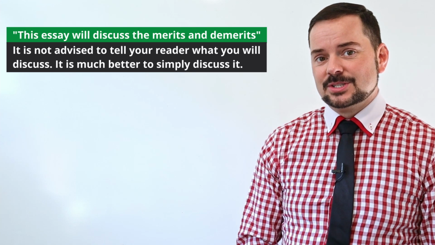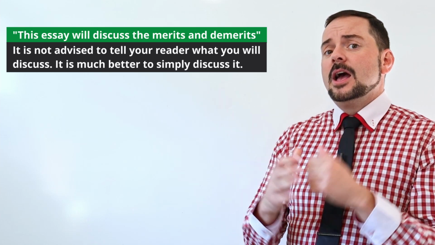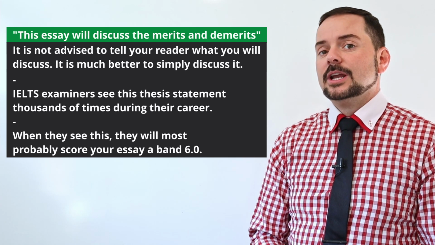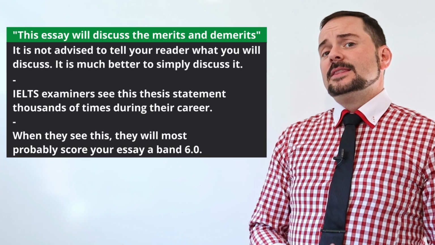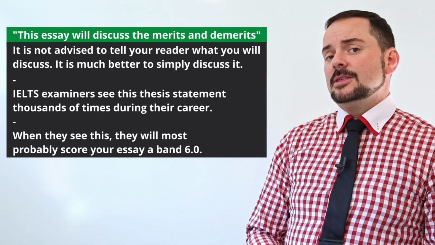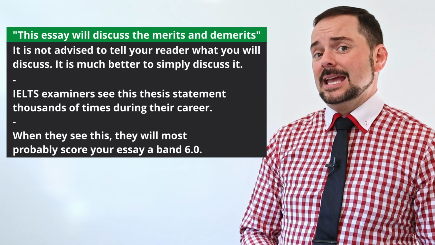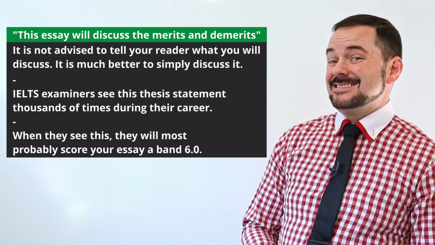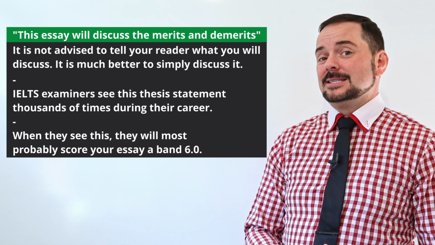IELTS examiners see this kind of thesis statement hundreds, if not thousands of times during their career. When they see this kind of sentence in the introduction, immediately they think, well, likely this candidate is not a band 9, not a band 8, not even a band 7, maybe a band 6.